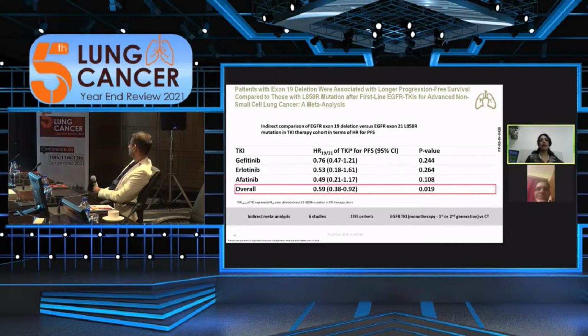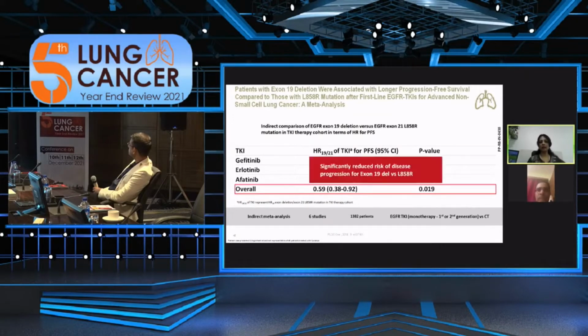Here the slide was shown earlier, and I can't reiterate enough that if you compare the behavior of 19 versus 21, the results are significantly different. It's about time we woke up and understood that these results were seen in multiple trials, even in the meta-analysis.